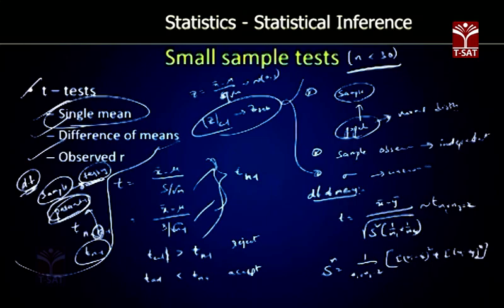We get this value using the table values. If this t calculated is greater than the t table n1 plus n2 minus 2 value, then we will reject, otherwise we will accept.